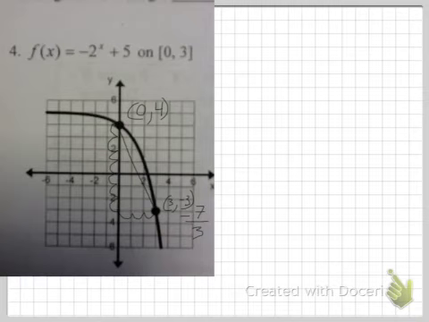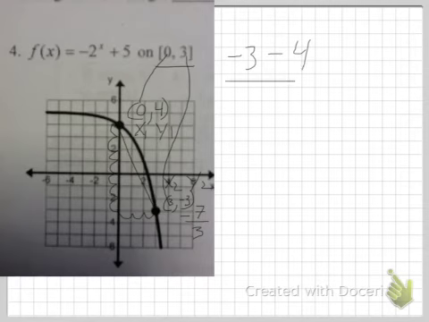By the way, this interval right here is where these values are found. So again, labeling x1, y1, and x2, y2, and plugging it into the equation, we have negative 3 minus 4 over the top of 3 minus 0.